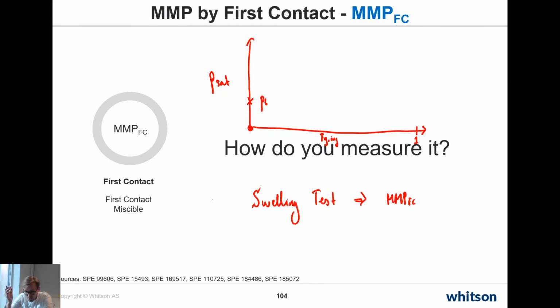So let's say you've sampled something above the saturation pressure before the GOR started to increase. Then the first point on the swell test is just the saturation or bubble point of that particular reservoir fluid.